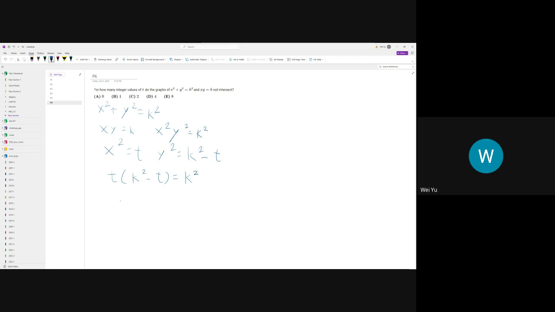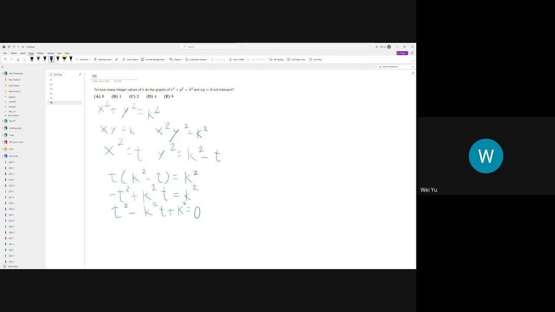So this means that there are no non-negative solutions to negative t squared plus k squared t equals k squared. Just rearranging some stuff: t squared minus k squared t plus k squared is equal to 0.